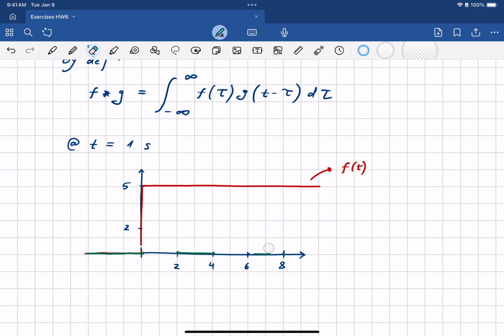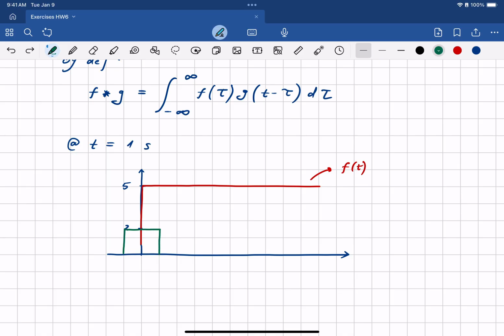Okay, there we go. So what we are shifting actually in time is the function f. Sorry, the function g. So let's make it happen here. T equals 1, that means that we have something like this.